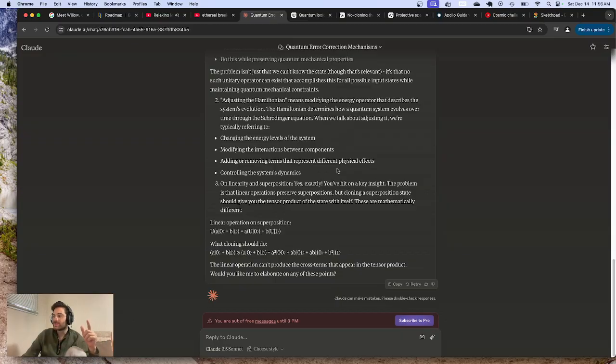You're telling me I'm right, and you're losing me. The problem is that linear operations preserve superpositions, but cloning a superposition state should give you the tensor product of the state with itself.